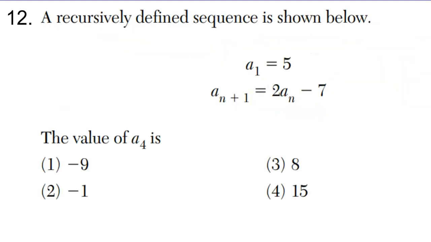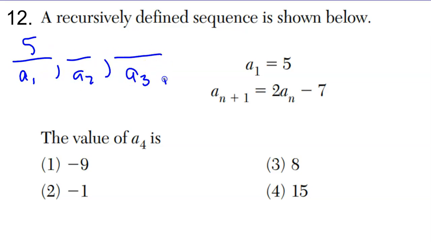A recursively defined sequence is shown below. What's the value for a sub 4? Well, it looks like a sub 1, a sub 2, a sub 3, a sub 4. A recursive function requires us to use the previous value. Well, let's see.